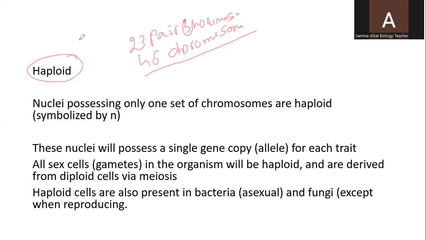So the haploid number is nuclei possessing only one set of chromosomes, that is 23 plus 23 will show that there are two sets of chromosomes.